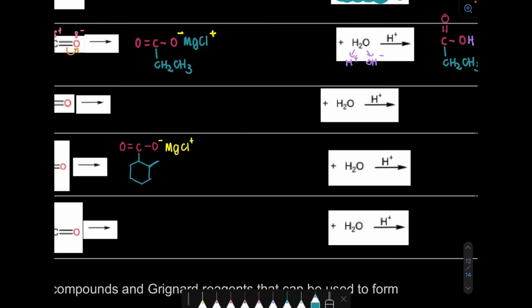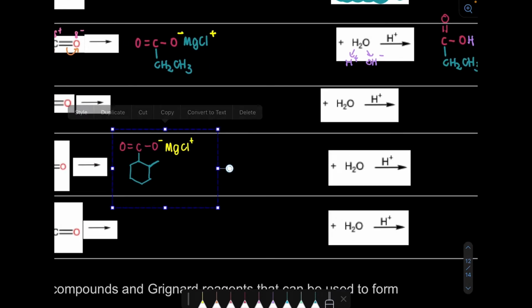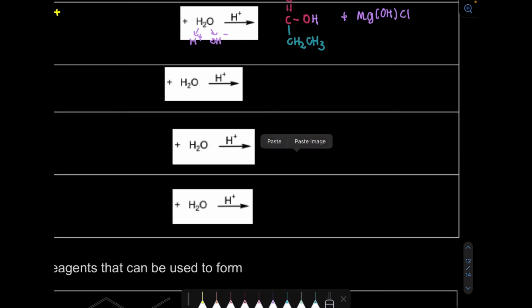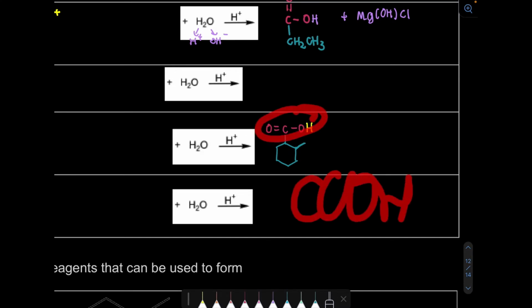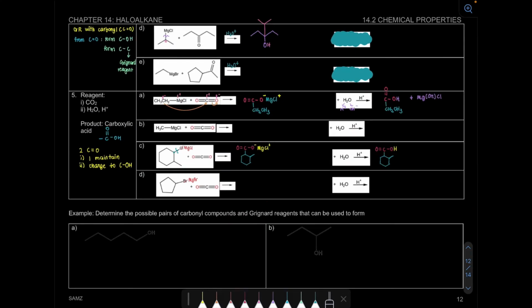So this is not yet our carboxylic acid. We're going to undergo acidic workup, so it becomes OH. Okay, so this is actually our carboxylic acid, COOH. Okay, question D, you could try yourself.